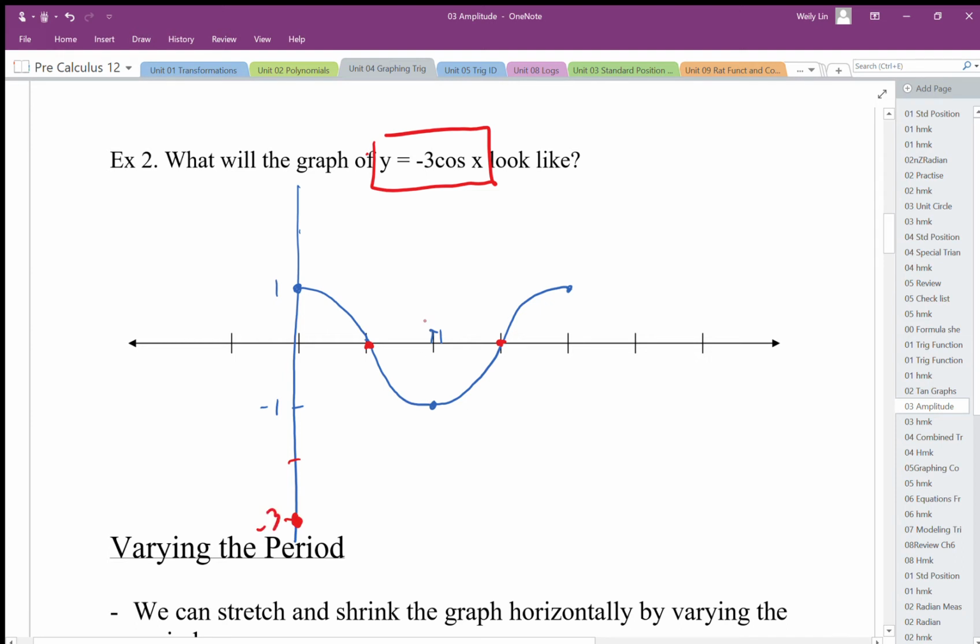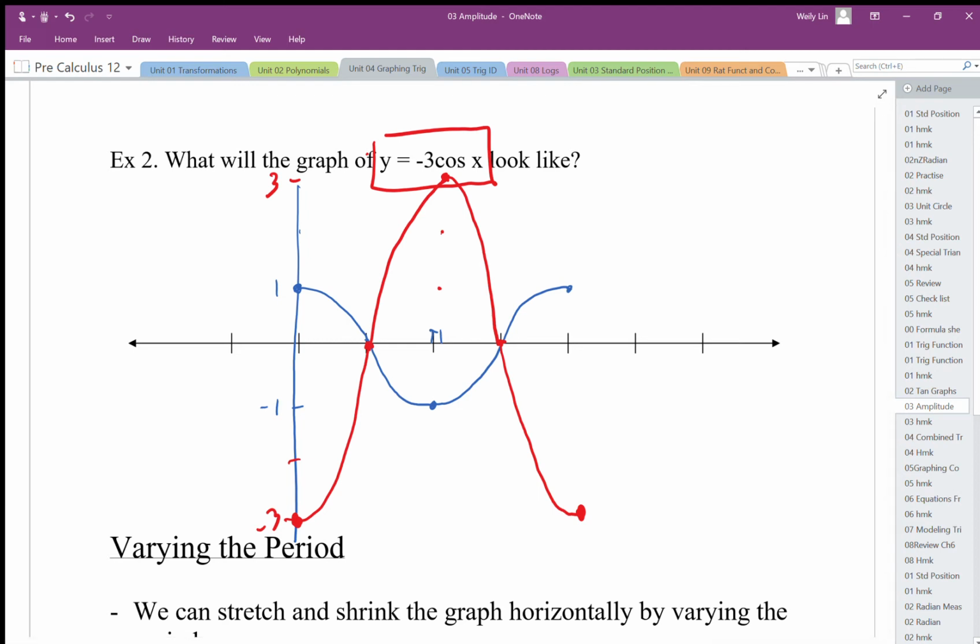Okay, this -1 is going to end up at +3, somewhere up here. Okay, we're going to go to 0, up to +3, back down to 0, and then through the next quadrant it should go back down to -3. So that's a vertically flipped and stretched graph of cos x.